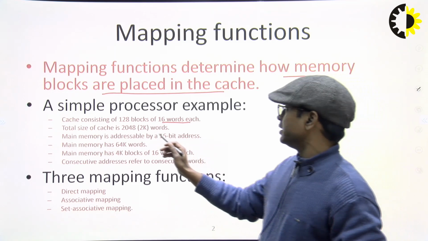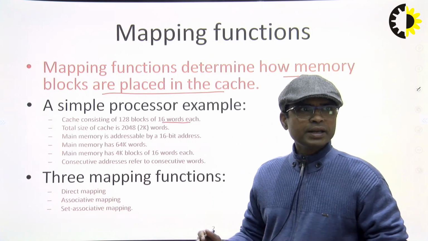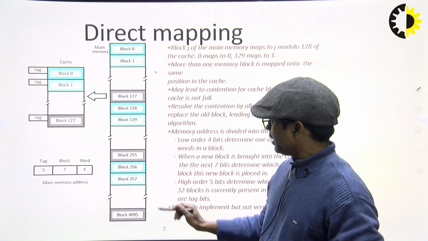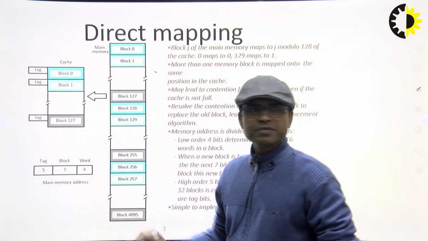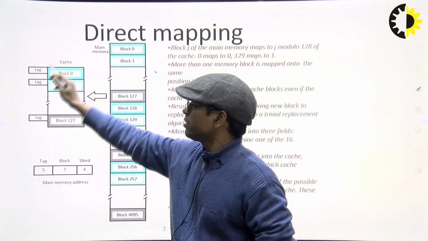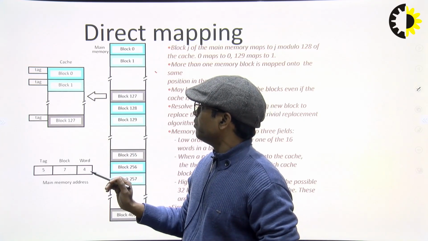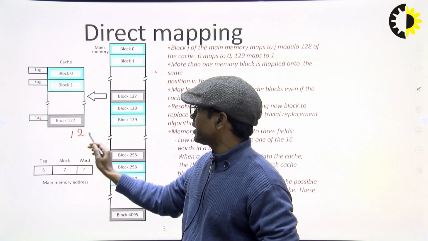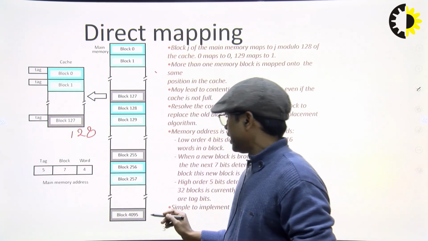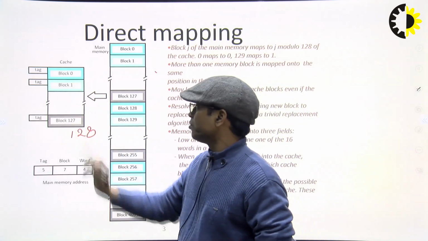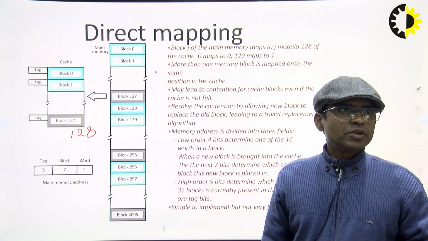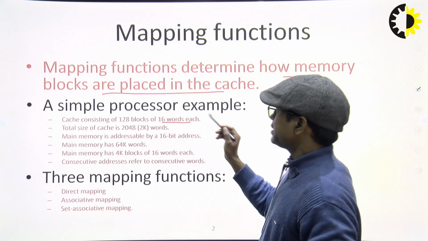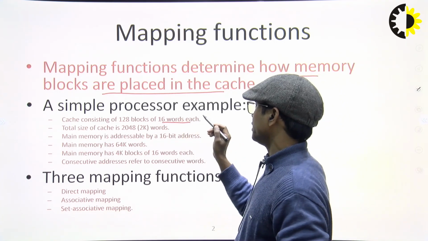These blocks in the main memory have to be brought into the cache, which has limited space for blocks. There are a total of 128 blocks in the cache, from block 0 to block 127.